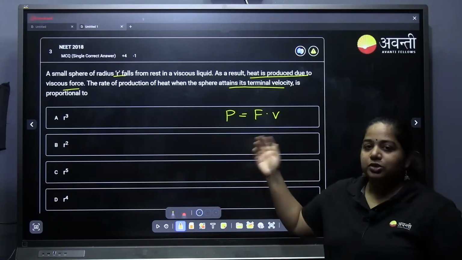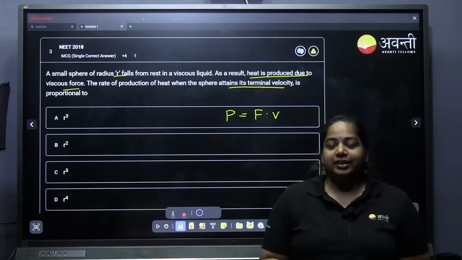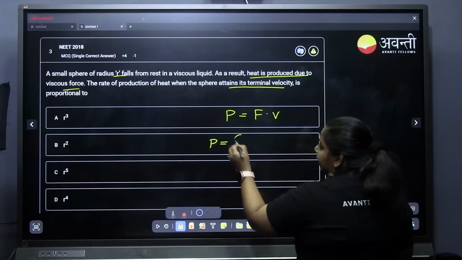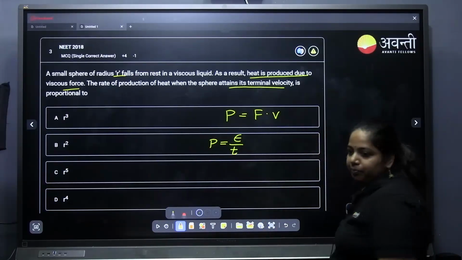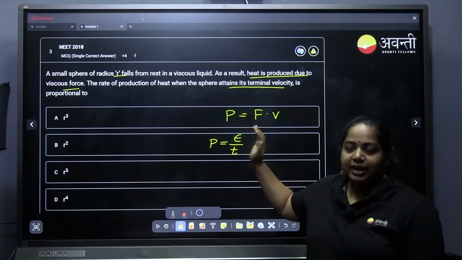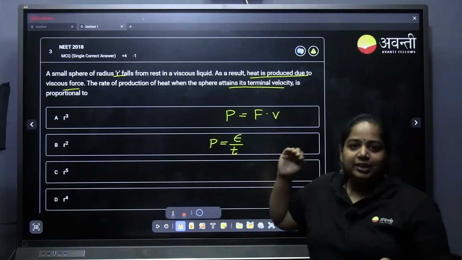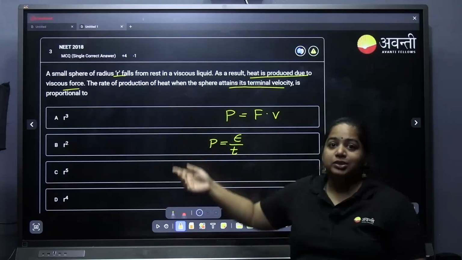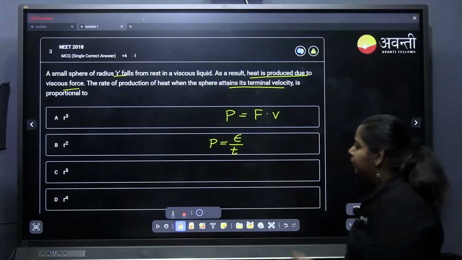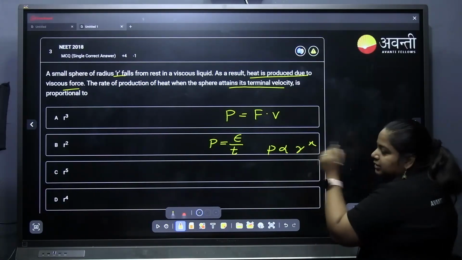Force into velocity will give us power. Power and energy are related to each other. How? Power is equal to energy by time. So if you can find power, you will get energy. Here energy is heat energy. Because of friction heat is produced, right? Similarly, because of viscosity heat is produced. So you just need to get what power is proportional to r to the power x. This you have to find.